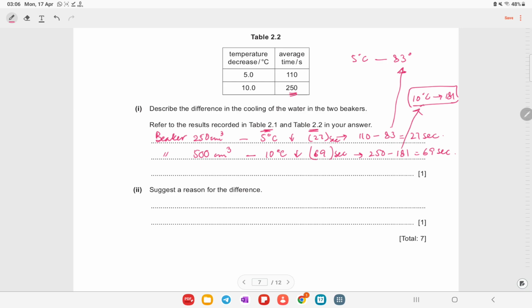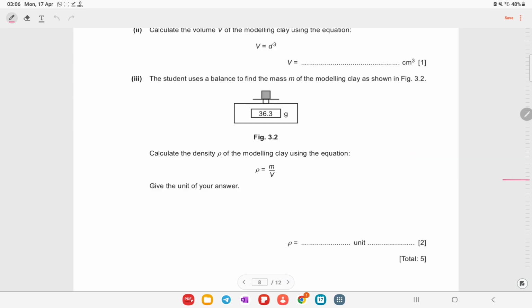So now the reason for the difference: obviously the surface area is small as compared to the bigger 500 cm³ beaker. Okay, so it's a 1 mark question.